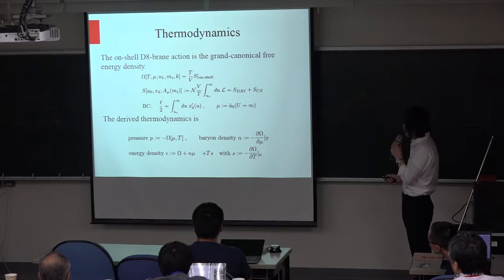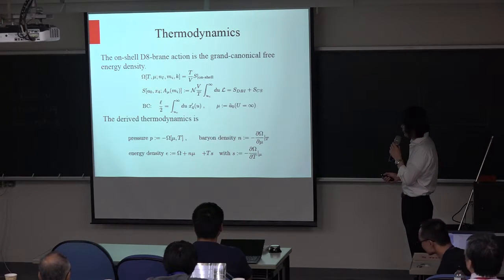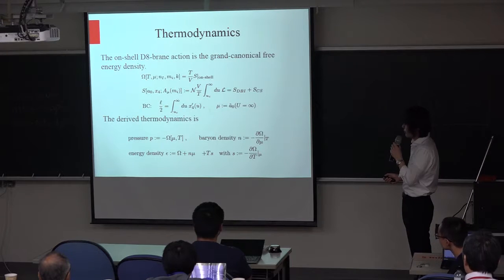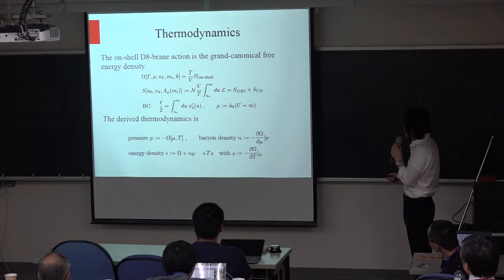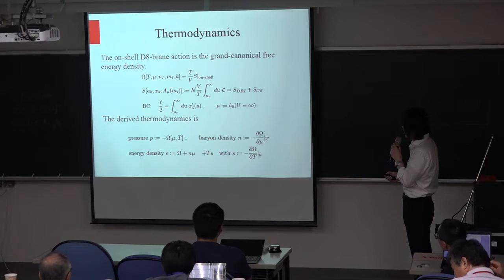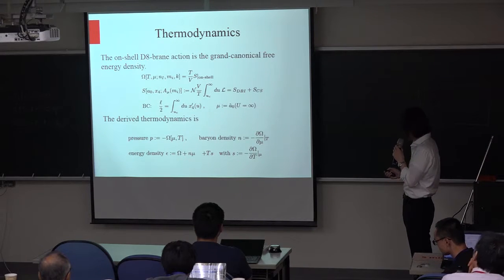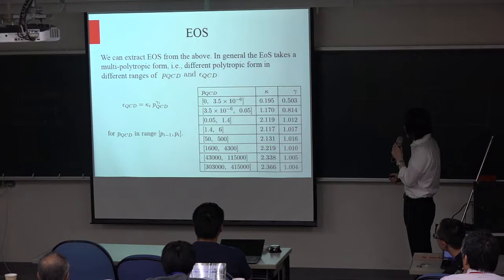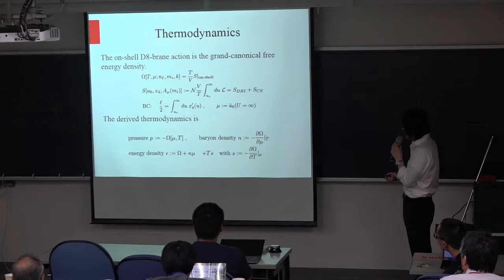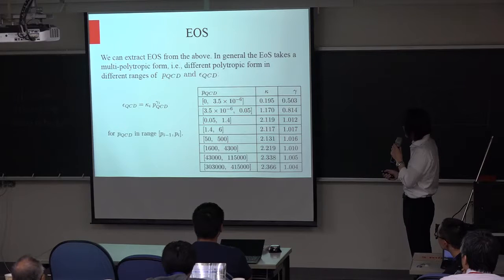And we have this boundary condition. This L is the distance between these two D8 branes. And mu is this chemical potential, which equals the value of A0 at infinity. So by numerically solving those equations, we could find equations of state from them.